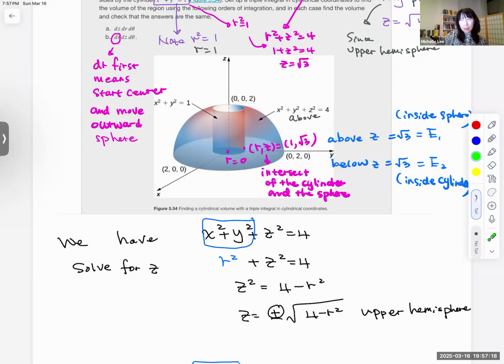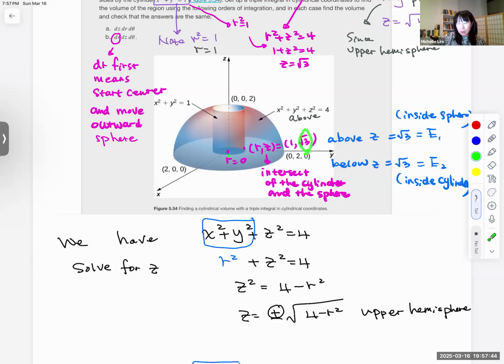Make sense? Okay, now the lower. R equal to until 1, inside the cylinder, right? So r equal to 1. Now z from 0 to square root of 3.